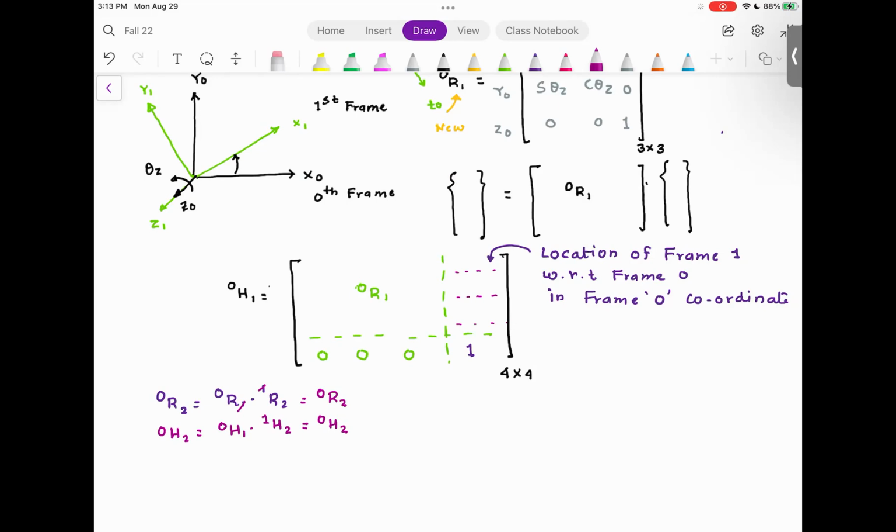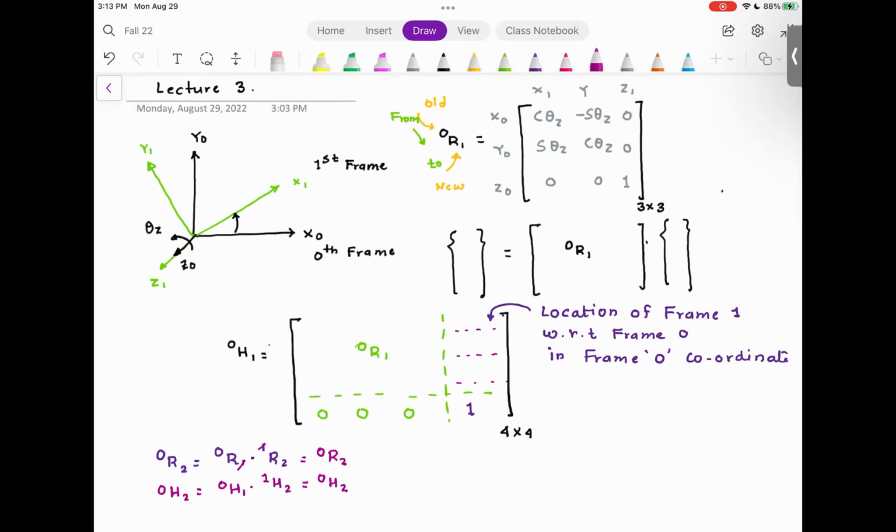Important note about the rotation matrices. Rotation matrices are orthonormal matrices, which means the inverse of the rotation matrix 0R1 inverse is equal to the transpose of the rotation matrix.